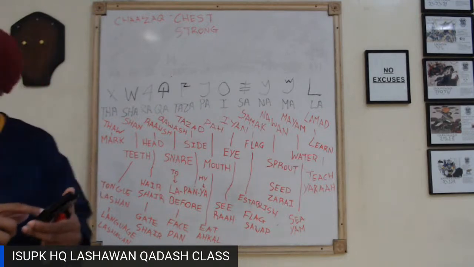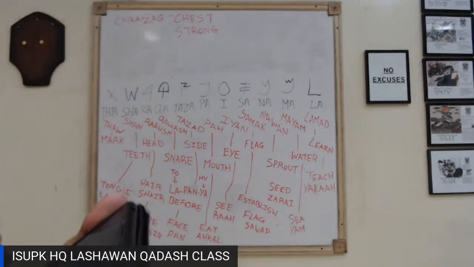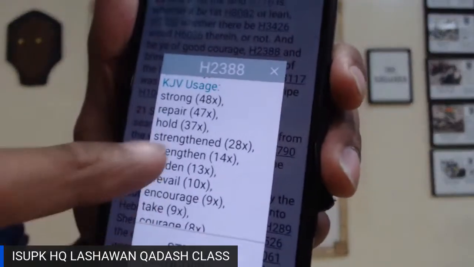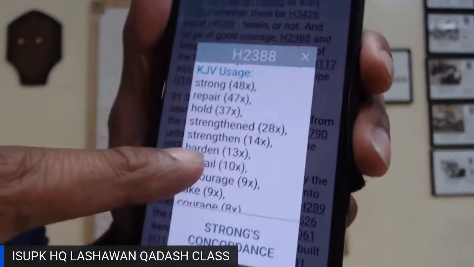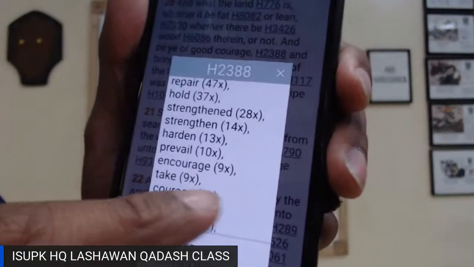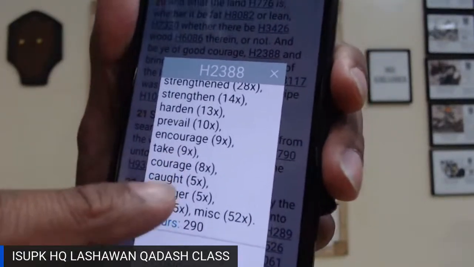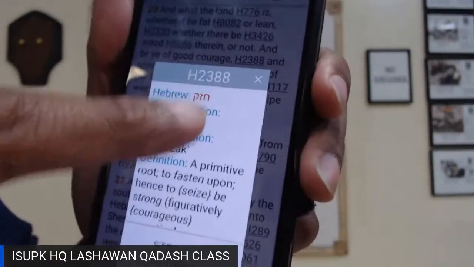Oh, there you go. Brothers, I was right. We got strong, repair, hold, strengthened, harden, prevail, and courage. Take courage, stronger. And the word is Kazakh.